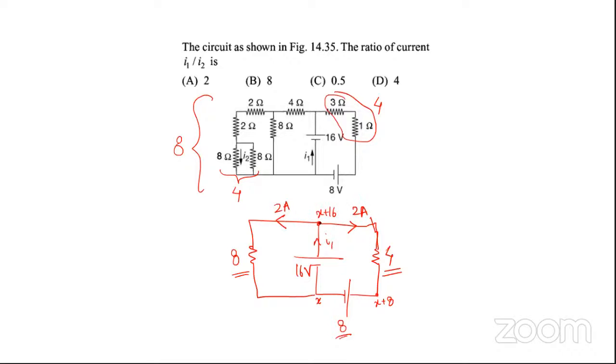So you can see from this junction 2 ampere is going here and 2 ampere is going in the other direction. So I can say that I1 will be 4 amperes. Alright, so my I1 has come as 4 amperes, and 2 ampere is going in the left branch. That means over here I'm having 2 amperes.